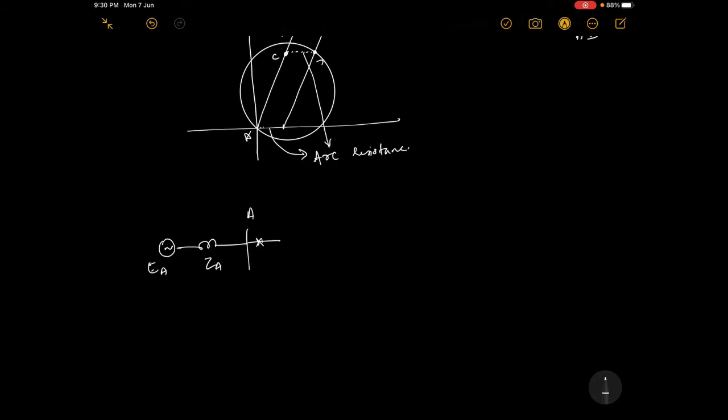You have a relay here with a PT and CT, of course you know it, right? This is a CT and this is a PT. So you have a transmission line impedance, and in a double-ended system we consider this as point B and we have ZB.